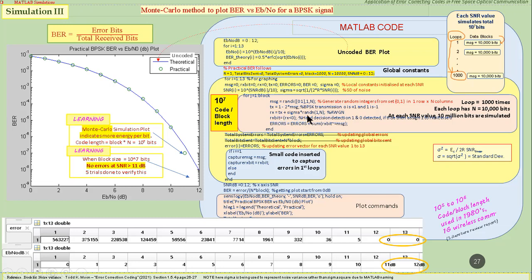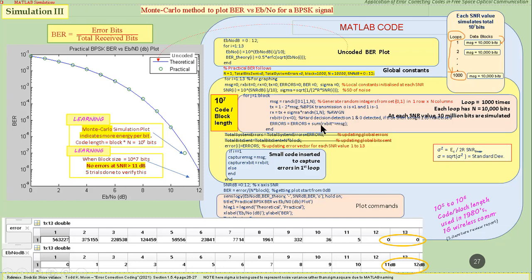And after adding noise to the signal, it is received and hard detection is done. All the bits that are negative after adding noise will change their value a bit, but all those that are negative will be counted as 1, and all those that are positive are understood as zeros.